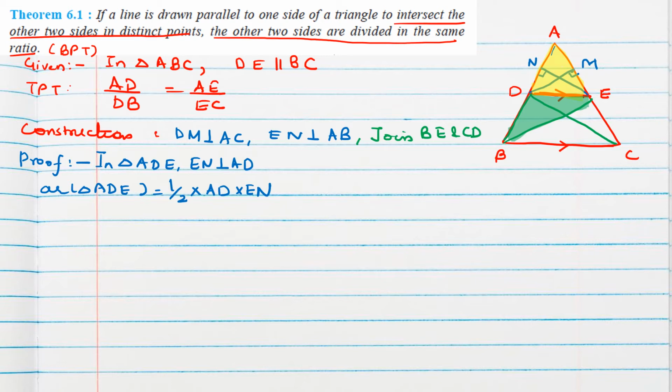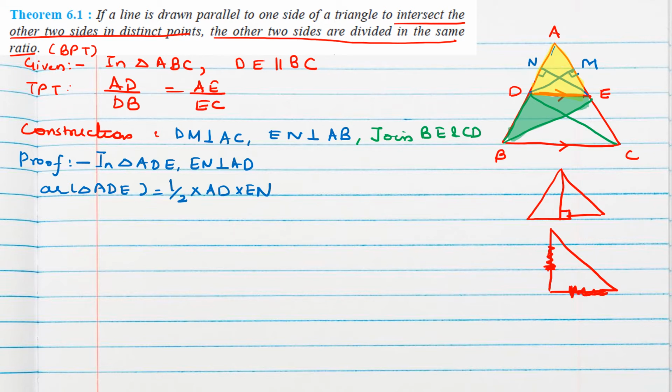See, for an acute angle triangle, means all the angles are acute, the perpendicular will lie inside the triangle. For a right angle triangle, the perpendicular will be one of the sides, this is the perpendicular we can consider, or this is the perpendicular.